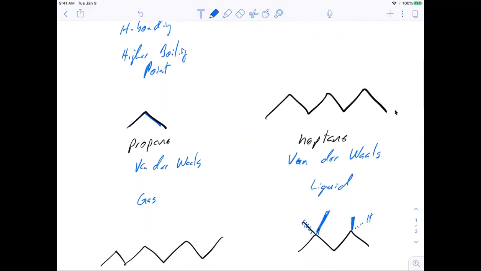So if one is much bigger than the other and they all have equivalent intermolecular forces, then you'll go with size. Now, intermolecular forces has a bigger impact than size. So if you have something that is a couple of atoms bigger, but you're comparing a dipole to van der Waals, or especially hydrogen bonding to van der Waals, the hydrogen bonding is going to win out in that case.